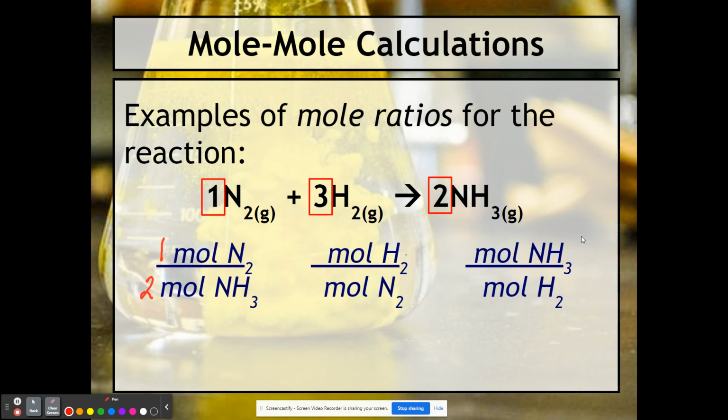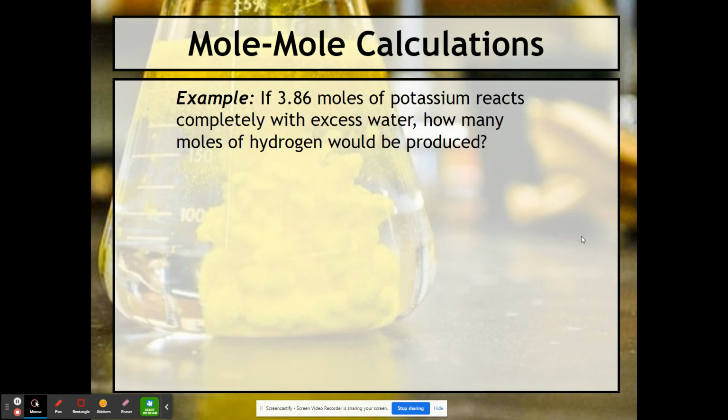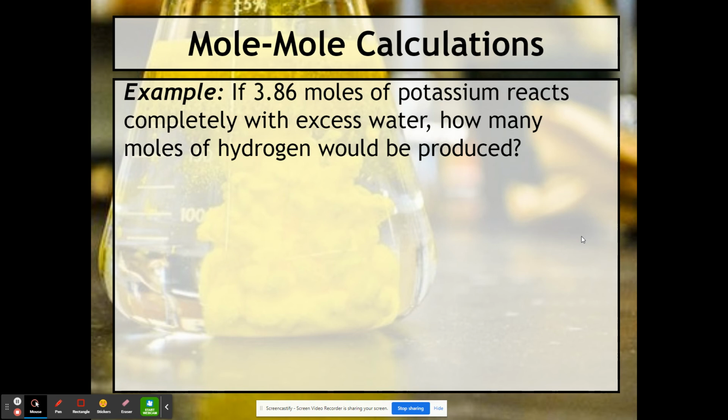If I look at the relationship between H2 and N2, I have 3 moles of H2 is equal to 1 mole of N2. And finally, if I look at the relationship between NH3 and H2, I have 2 moles of NH3 is equal to 3 moles of H2. We can use this in order to calculate or do some mole-to-mole calculations.